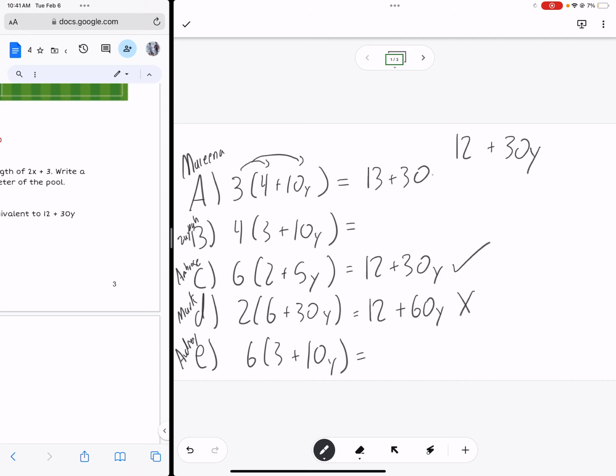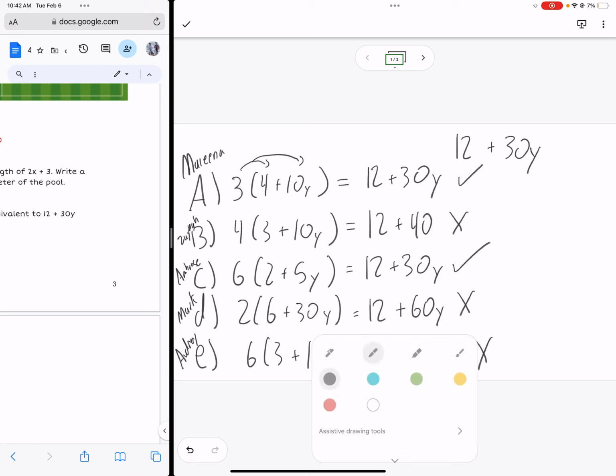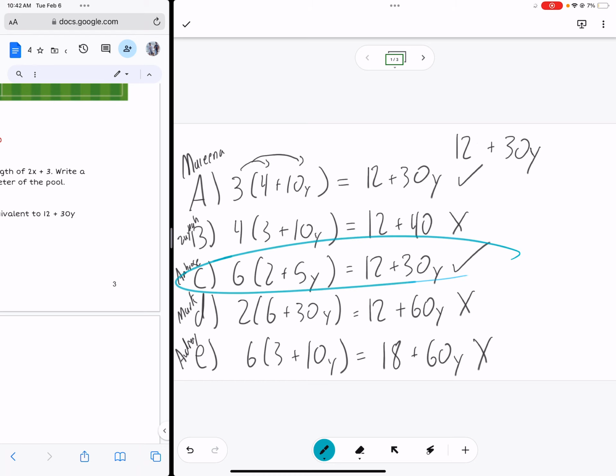Is that a correct answer? That is. Let's go with Zaina. What'd you get for B? 12 plus 40y. Is that a correct answer? No. And then Audrey, what'd you get? I got 18 plus 6y. Is that a correct answer? No. So our correct answers are C and A.